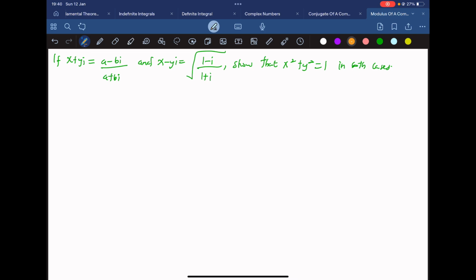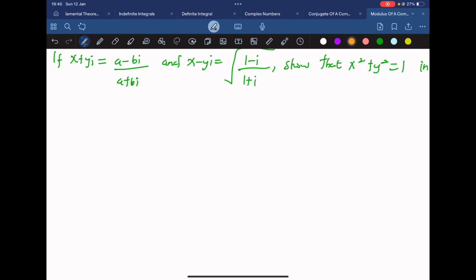Okay, so first of all, let us consider the first case where we have x plus yi is equal to (a minus bi) over (a plus bi). Remember, to simplify, you have to find the conjugate, so you multiply by a minus bi. So the conjugate of this is a minus bi, then multiply a minus bi, right?